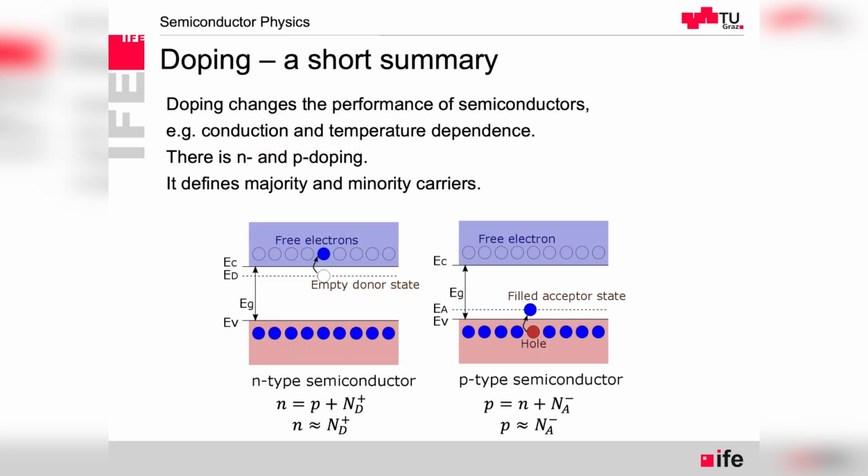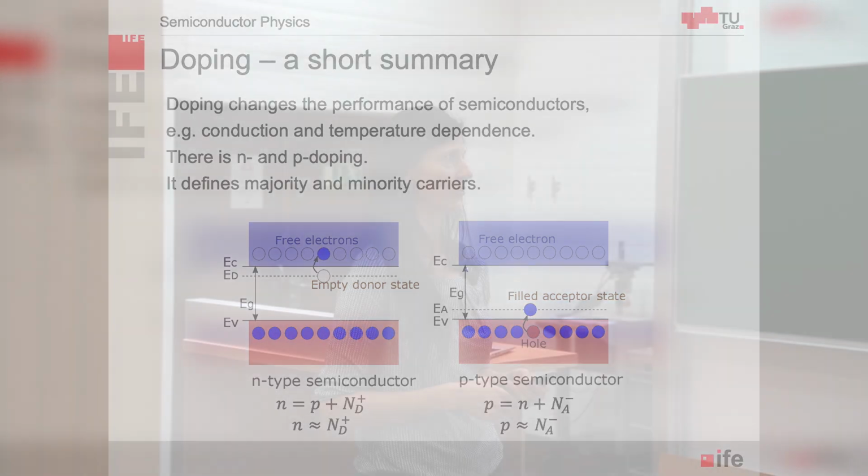Okay, a short summary of doping. It changes the performance of a semiconductor. What we have to look at is the temperature dependence of the conduction, and we would like to be independent of the temperature. We have N-type and P-type doping, and this also defines the majority and minority carriers of the semiconductor.